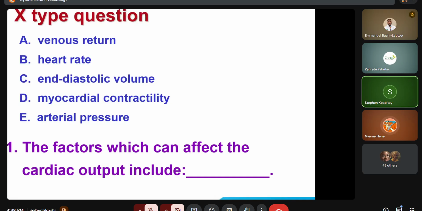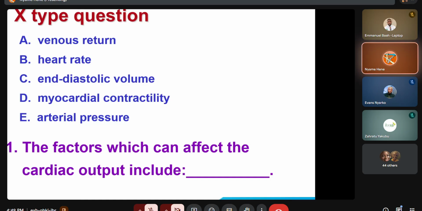So why is no one saying A, venous return? Evans, why is nobody saying A? Why is A not part?